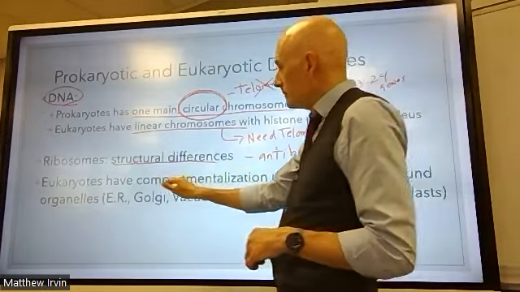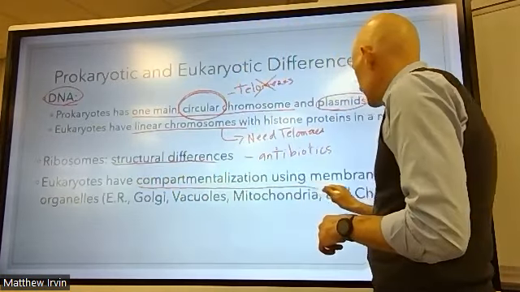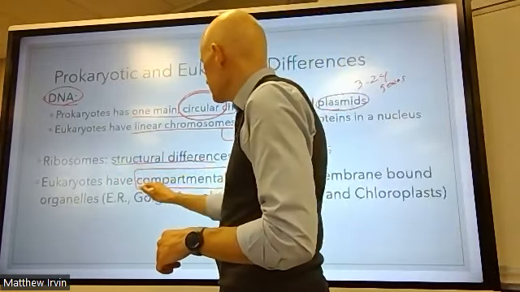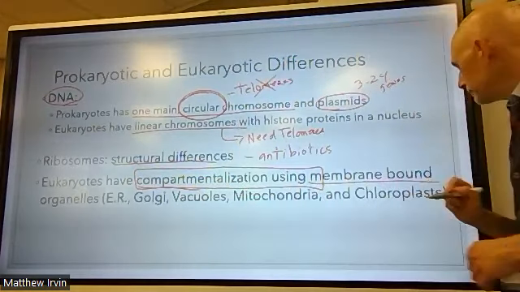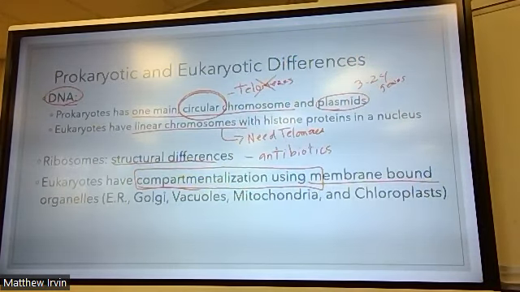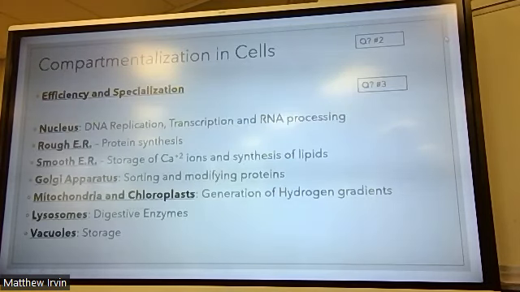Eukaryotes, a very important thing is that they are compartmentalized. They have these membrane-bound structures, ER, rough ER, smooth ER, Golgi apparatus. And the important thing about compartmentalization, which is question number 2, is that it allows specialization and greater efficiency.